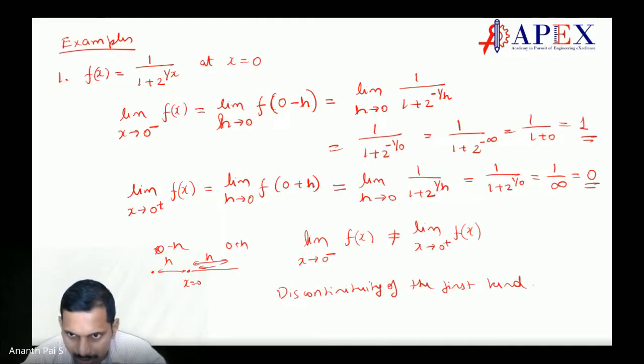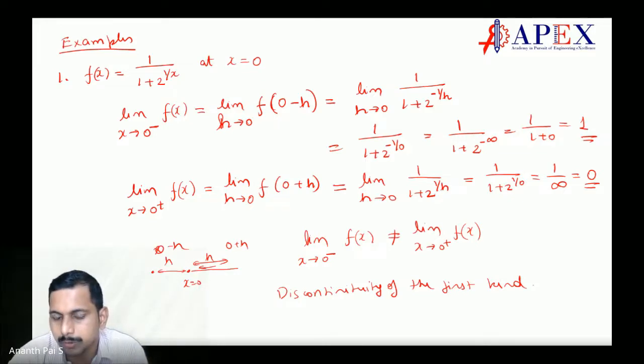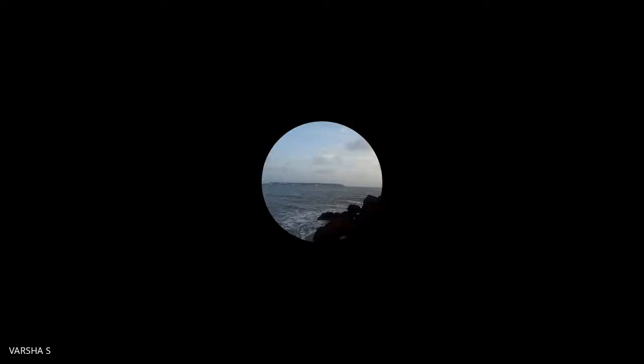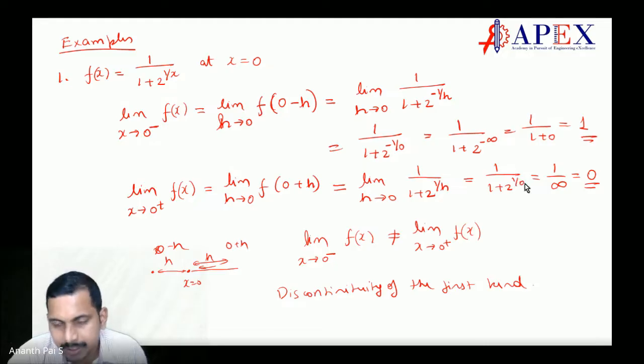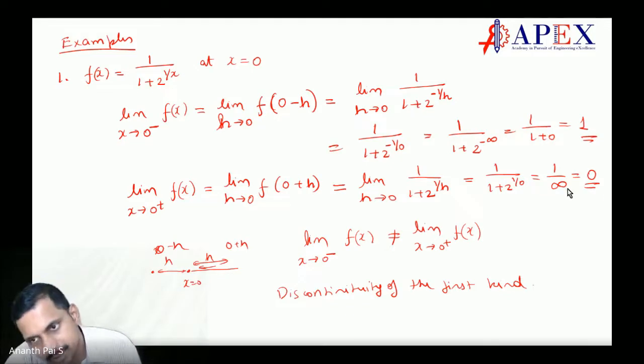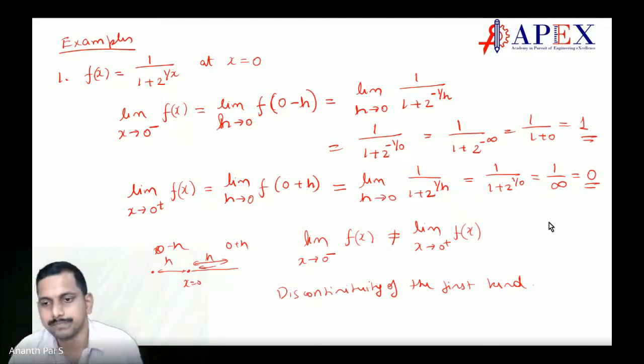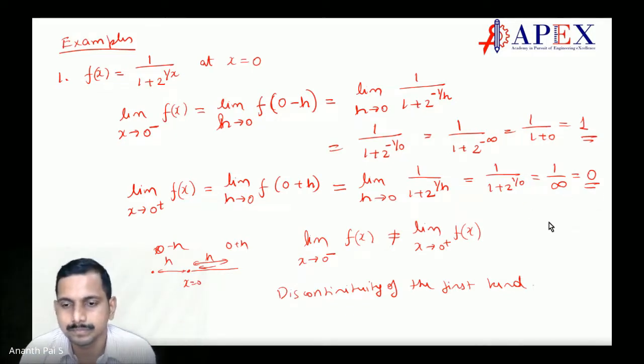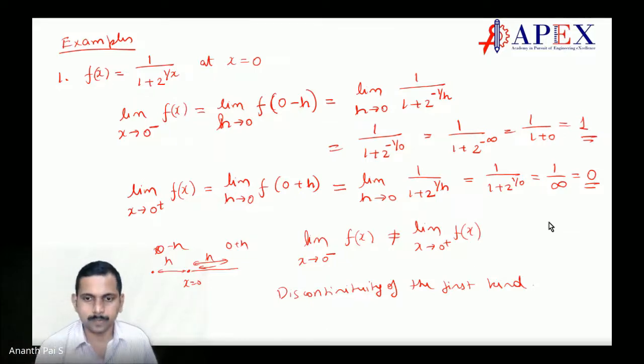1 by 0 is infinity, so 2 raised to 1 by 0 is 2 raised to infinity, correct. So 1 plus 2 raised to infinity is again infinity. That is why I have written that. Then 2 raised to minus infinity is 0.